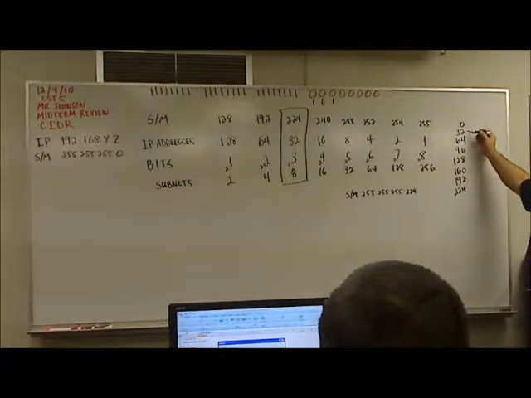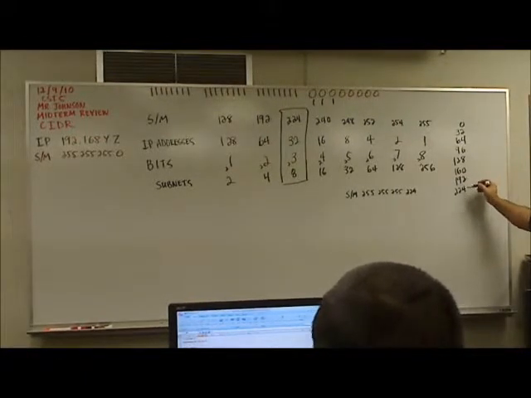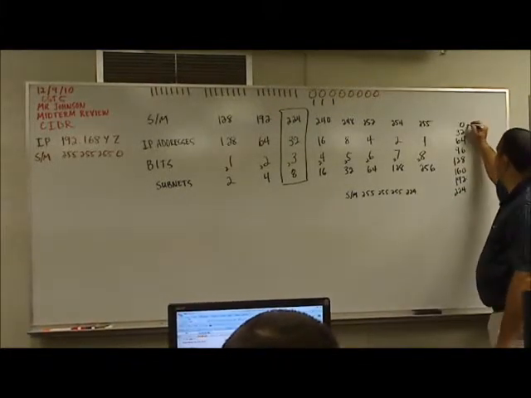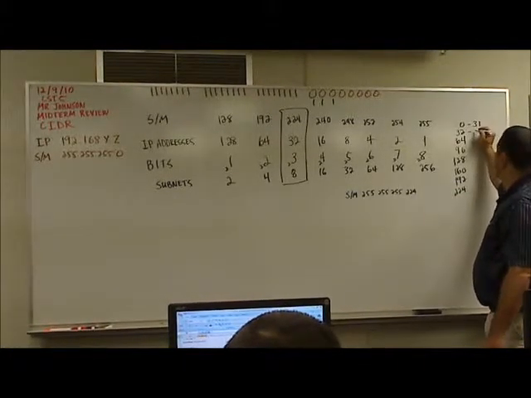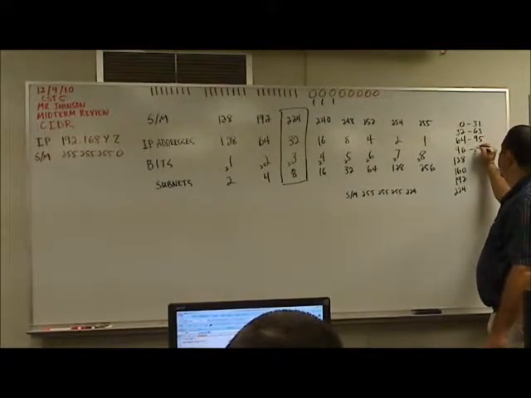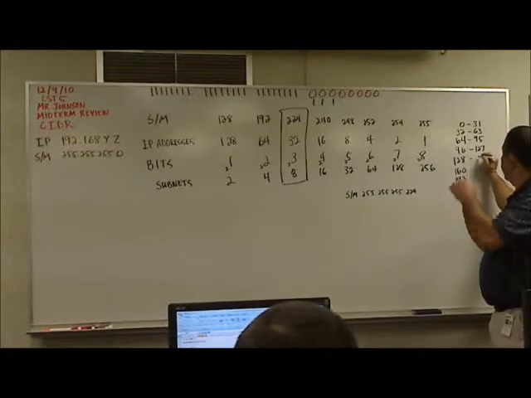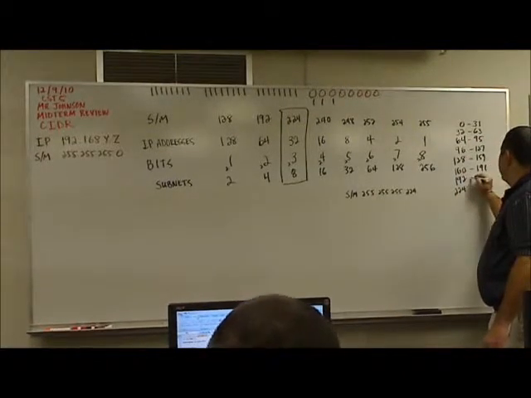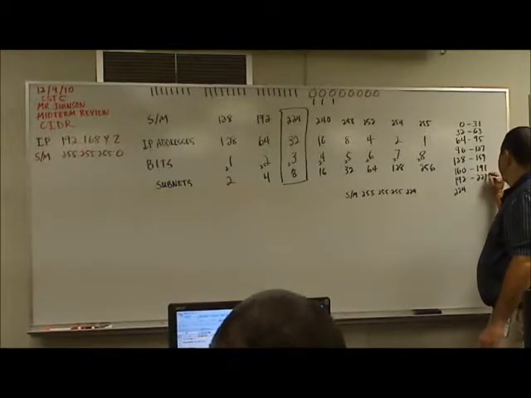But we already have 1, 2, 3, 4, 5, 6, 7, 8. That's our subnets that we have available. So it'd be 31, 63, 95, 127, 159, 191, 223, and 255.